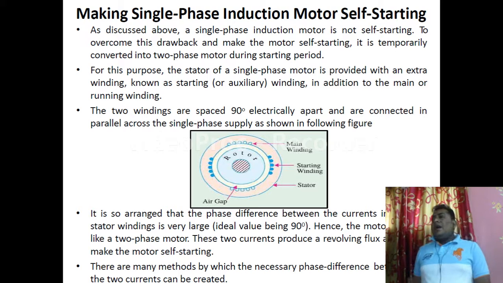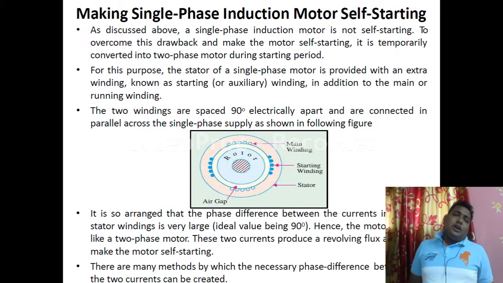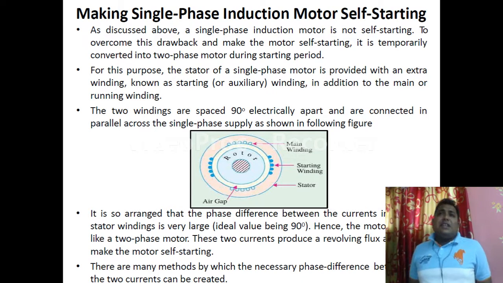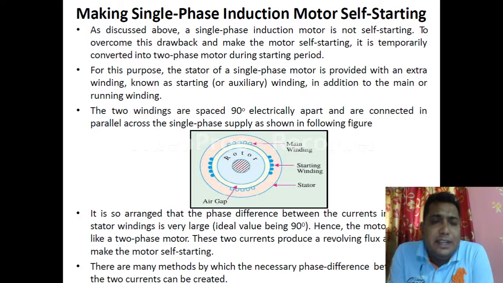So due to this nature, it is not self starting. The magnitude of both torques has the same value but the direction is opposite. So how can we make it a self starting machine?